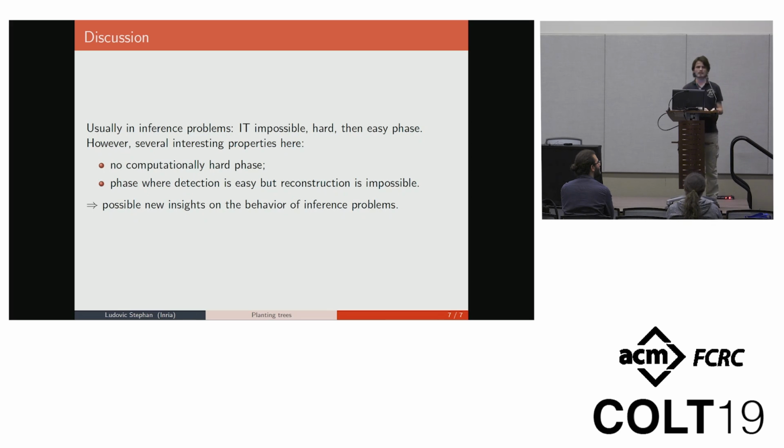And secondly, we prove the existence of a phase where detection is easy and reconstruction is either partially impossible, in the case of d-ary trees, or even completely impossible, in the case of the planted path. So we hope that this kind of behavior can help broaden the topic of inference problems, because it can extend the field of such inference problems.